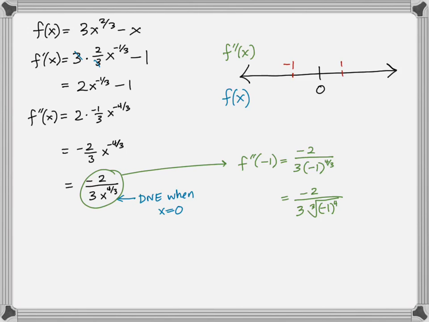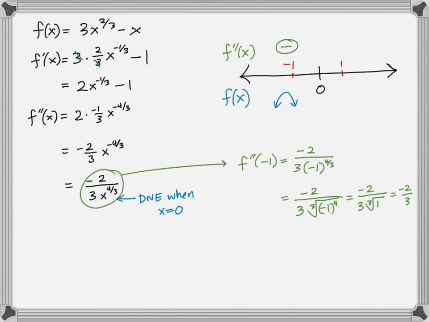So negative 1 to the 4th is a positive 1, so this is the cube root of positive 1. So this is actually equal to negative 2/3, or a negative number. So for my sign chart, negative, and that means that the function to the left of 0 is concave down.